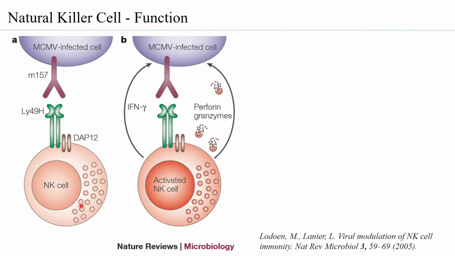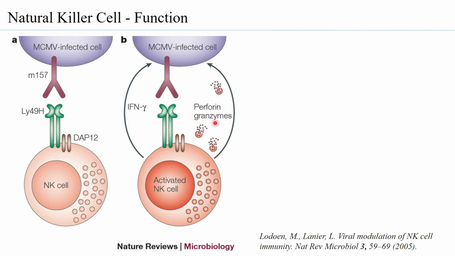So let us just look at how the natural killer cell functions. Suppose a natural killer cell binds to a virus infected cell. You can see that this ligand is interacting with this ligand of the infected cell, and because of that a signal is passed on to the natural killer cell, and the natural killer cell releases the vesicles that contain perforin and granzymes.